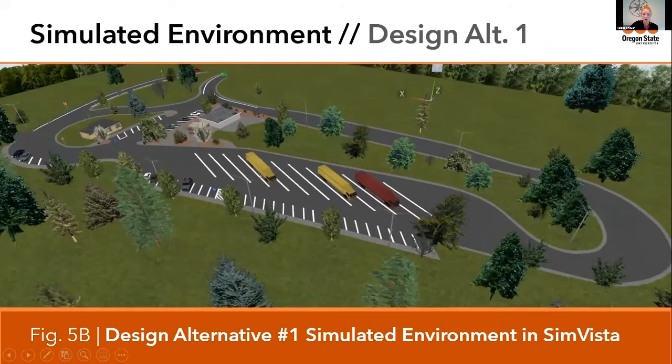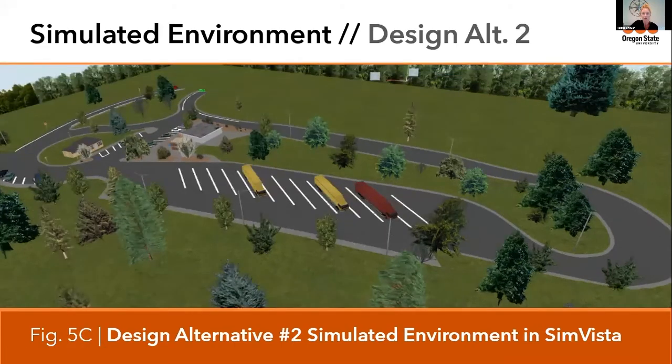So this is 1 spot removed with increased width, and then we kept the passenger car parking but didn't have any parked vehicles there. So they had that space to use on the exit maneuver. And then this is the design alternative number 2. And this is with the passenger car parking removed and the entrance angle increased.